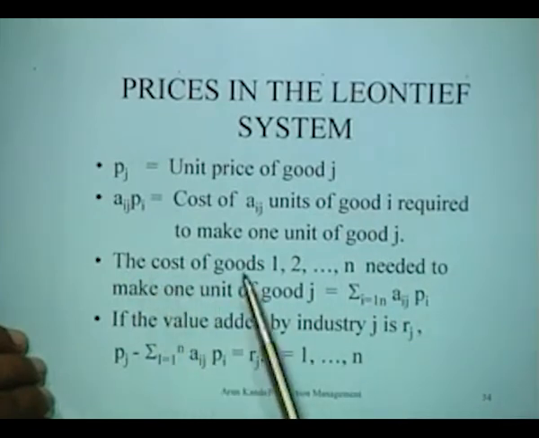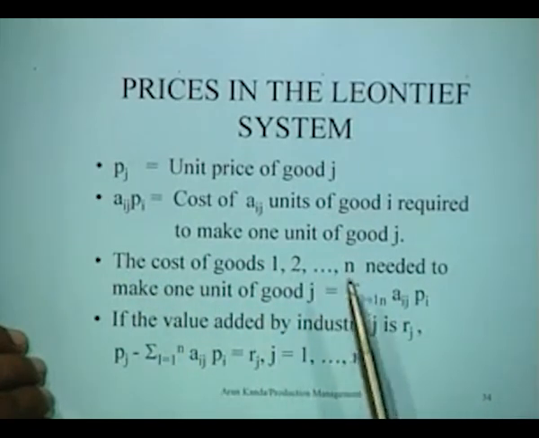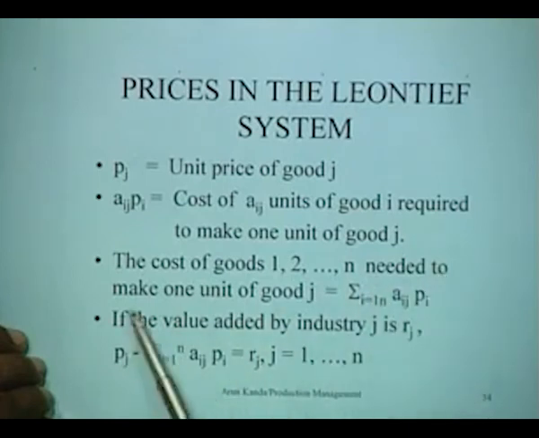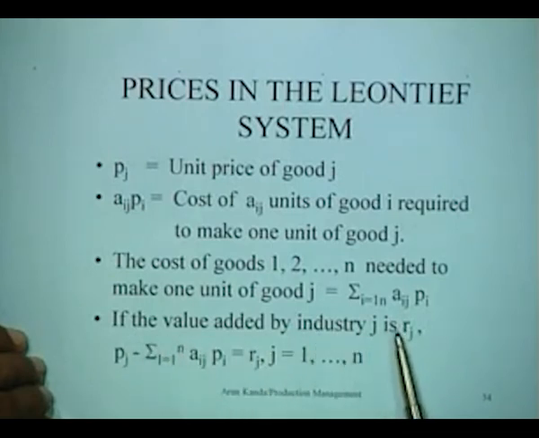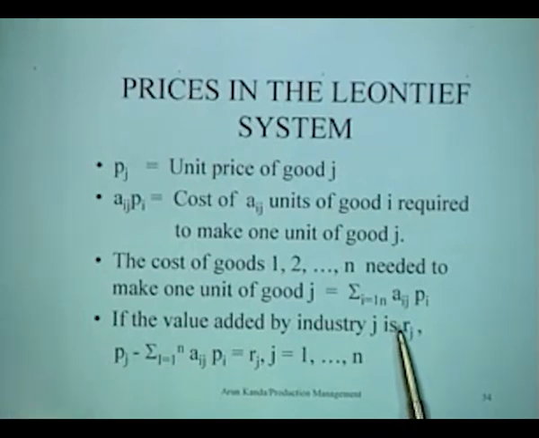Therefore, the cost of goods 1, 2, 3 up to n needed to make 1 unit of good j would be the summation of this, that is, the summation from i = 1 to n of Aij Pi. Value added is important because each industry is adding value. That means if the total cost is 20 rupees, it is making a profit of 10 rupees and selling for 30 rupees.